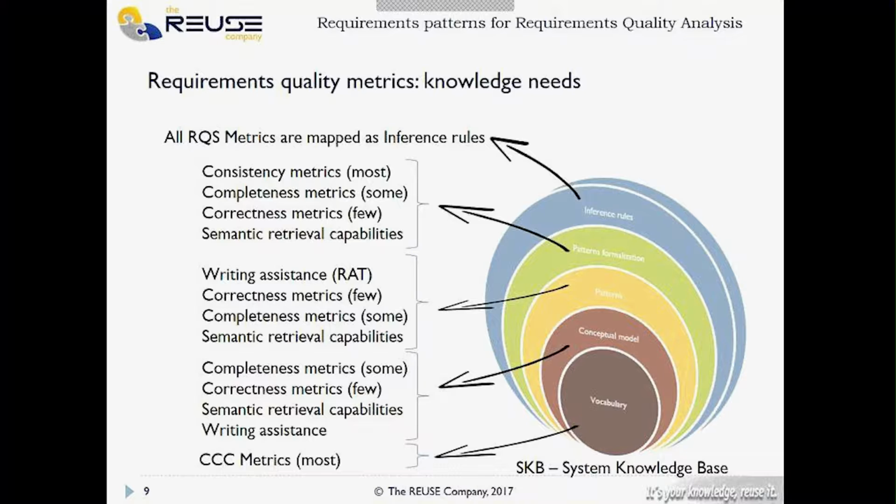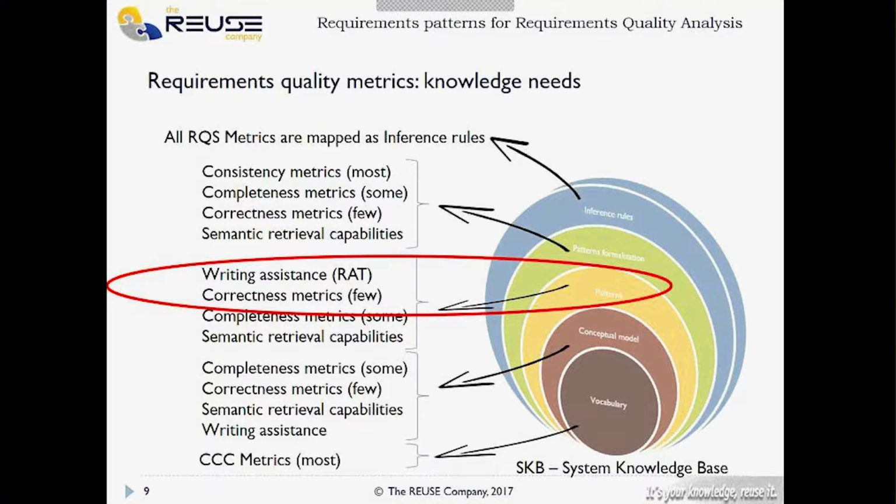We will focus today on the patterns layer, especially for two main purposes. First, how patterns can help requirements authors while they are actually writing requirements. And second, how some advanced correctness metrics take advantage of these patterns to provide additional features or additional accuracy.